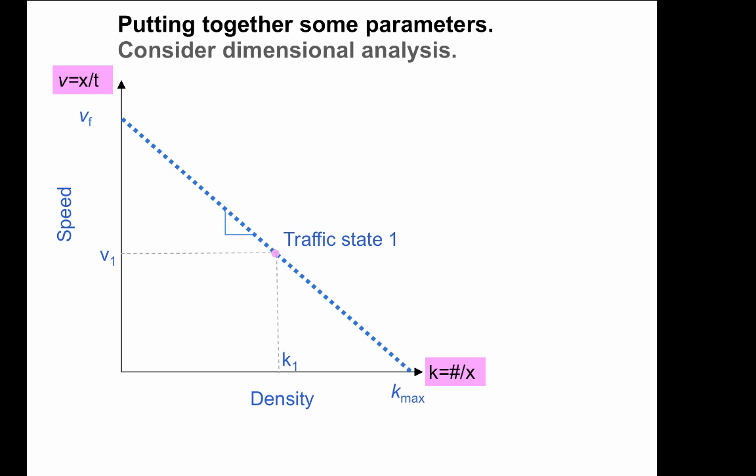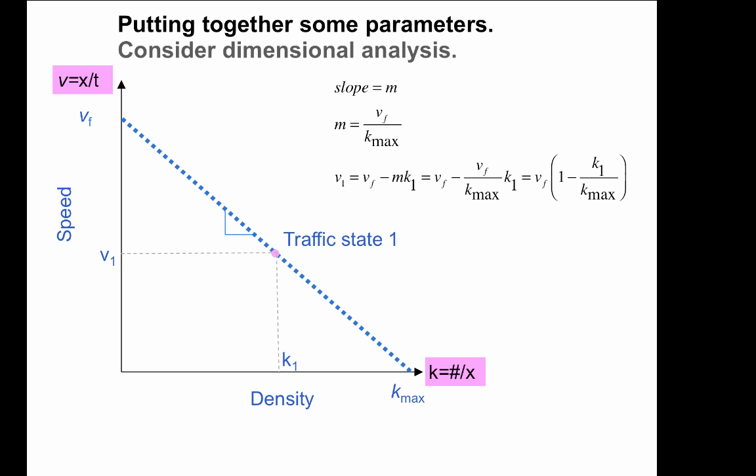There's another way to look at these two parameters. This is a speed density diagram. So generally speaking, the relationship is a straight line for traffic state 1 with value V1, K1. You can actually come up with a formula that allows you to predict.